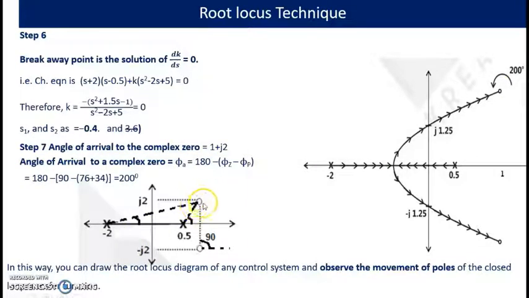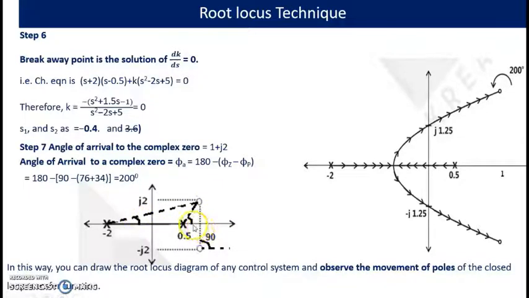That is, we are going to find the angle of arrival for this particular complex pole. So draw a line to all other poles and zeros. So this is the complex pole conjugate. So always it will be 90. So only one zero remaining, therefore φz is equal to 90. Then φp, sum of, that is, measure this angle, measure this angle.